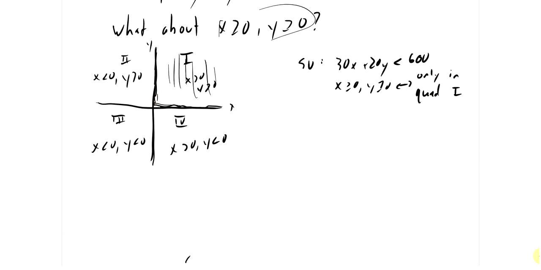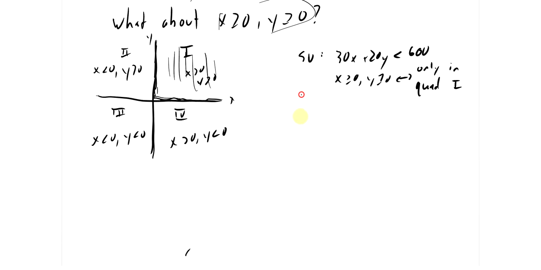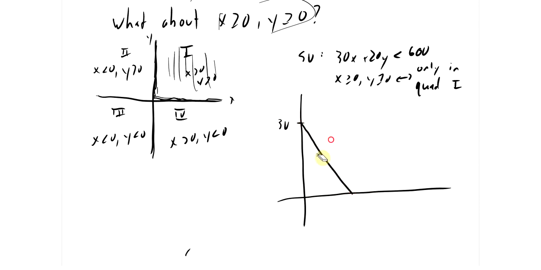So if we draw our graph again, only in the first quadrant, so I'm not going to include any of that. Our y-intercept was 30, and it's supposed to be a dotted line because this is strictly less than, and our x-intercept was 20.